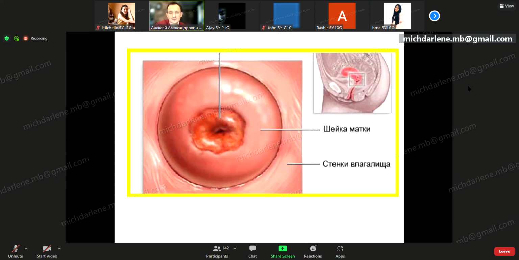I said the transformation zone is the most dangerous place. And in case a female has such a story that you see in the picture, the transformation zone is here, but should be one more time inside the cervical canal. And contact of that zone is bigger than normal. And as a result, chances for the cancer or the contact with the premalignant infection agents will be higher.